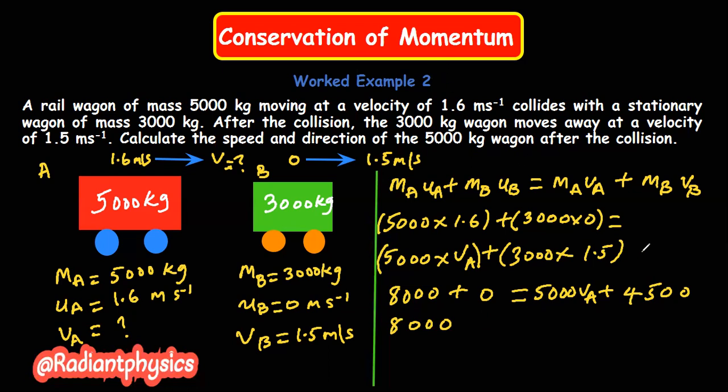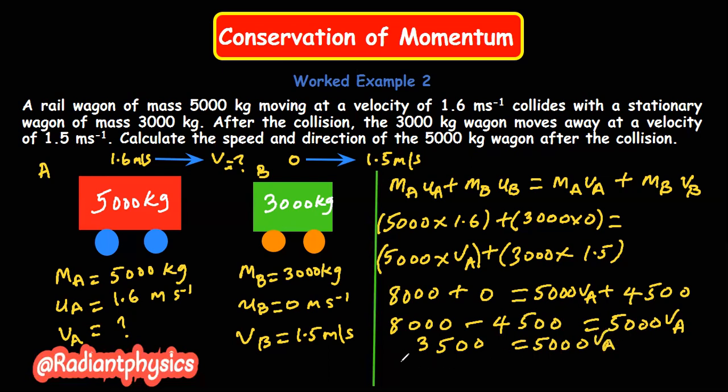So minus this guy, equal to 5,000 VA. So taking away 4,500 from 8,000, we should have 3,500. Yes, we don't need calculator for this. Equal to 5,000 VA.